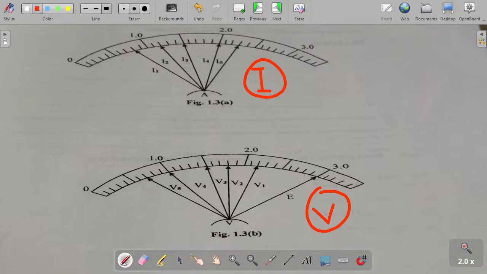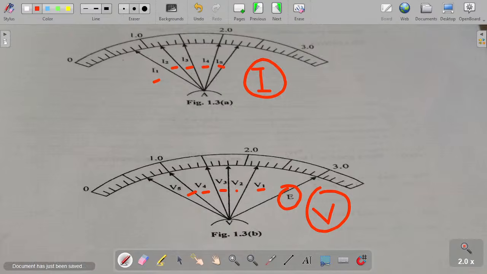Look here, you have I1, I2, I3, I4, and I5. Here you have V1, V2, V3, V4, and V5. And here you have your EMF, which is your E. Okay? Are you there? Yes, sir.